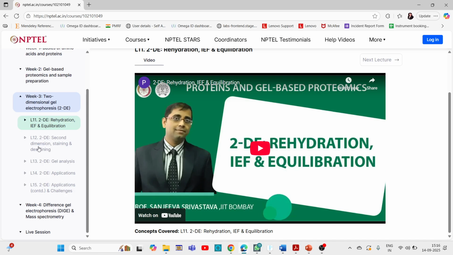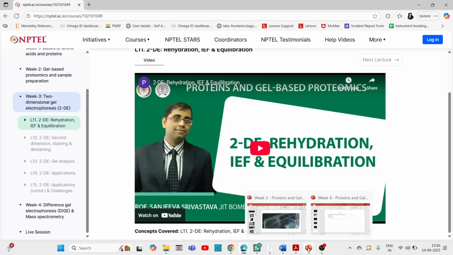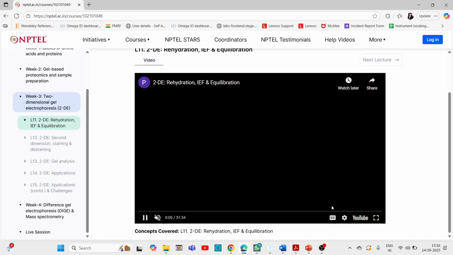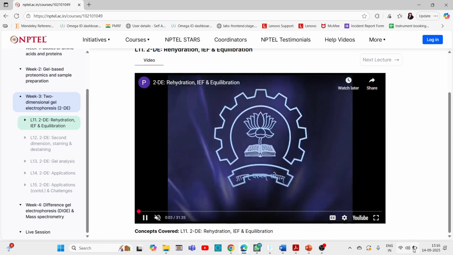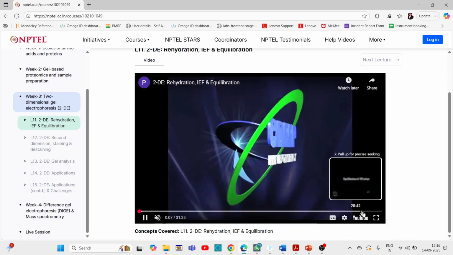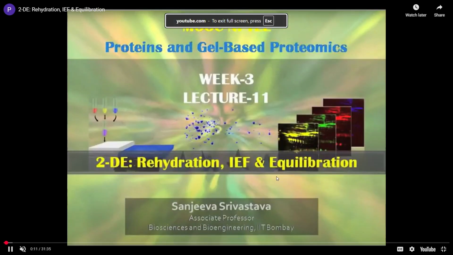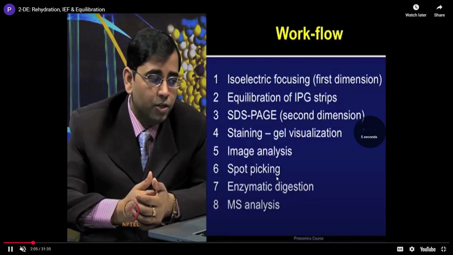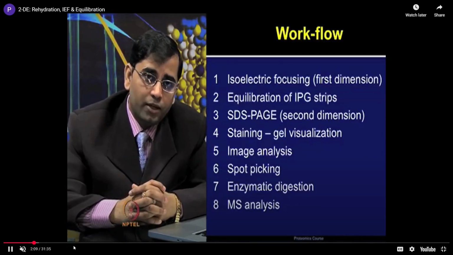Then I was explaining, I think, lecture 11 on IEF. This shows the workflow for isoelectric focusing. I'll just go through that.